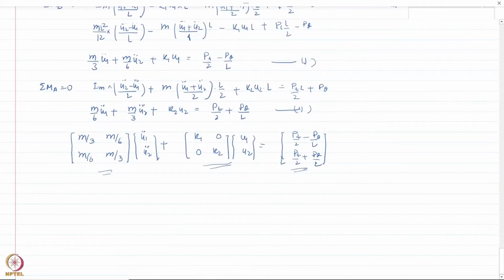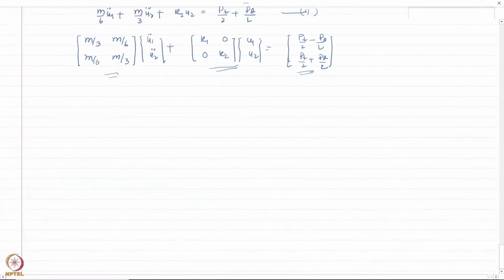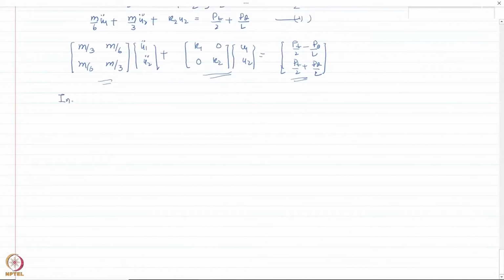Okay, so this is the equation that we obtained using the direct equilibrium method. Let us see what we obtain if we utilize the influence coefficient method.